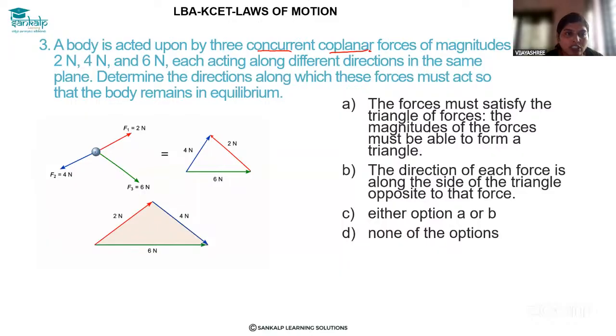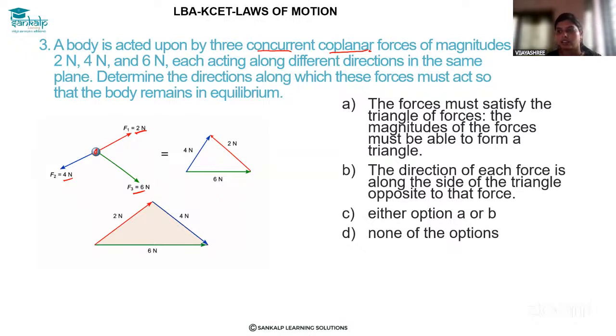So concurrent means, as I told you already, the starting point of all three forces is same. This is the starting point. F1 is 2 Newton, F2 is 4 Newton and F3 is 6 Newton.